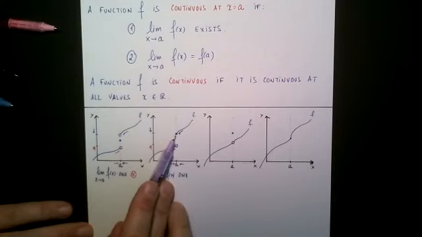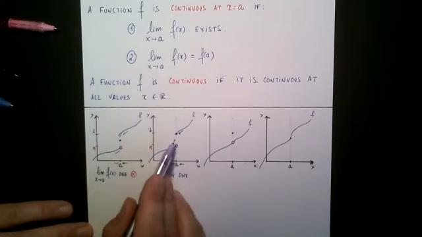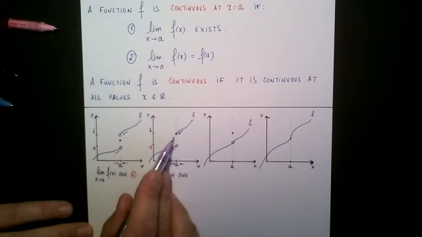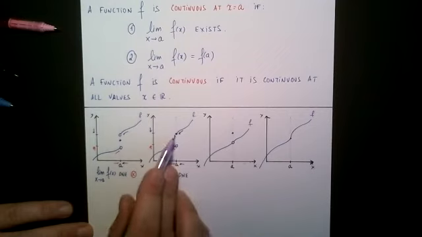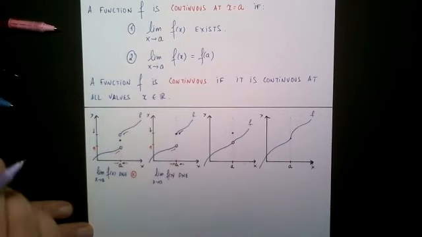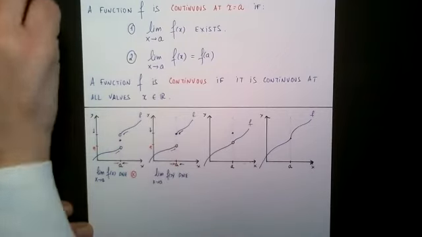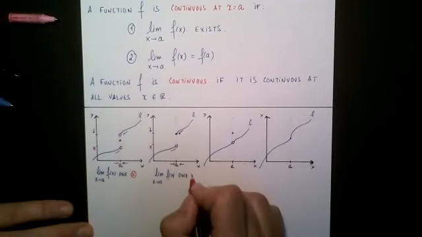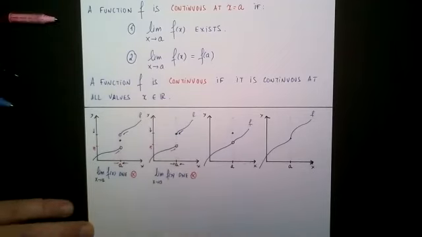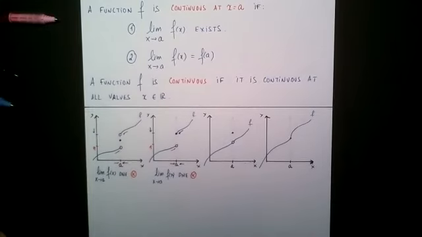It doesn't change anything if this dot is full or not. I'm just understanding what happens when I'm getting close to this point. Whether it's full or empty doesn't change anything. So again, this function is not continuous at a. Any questions?